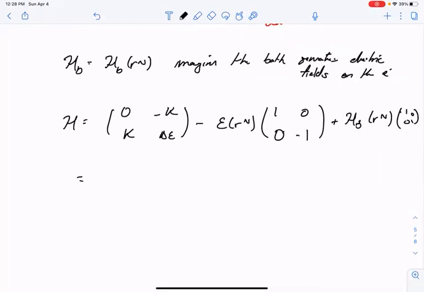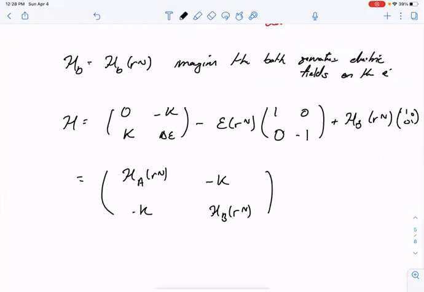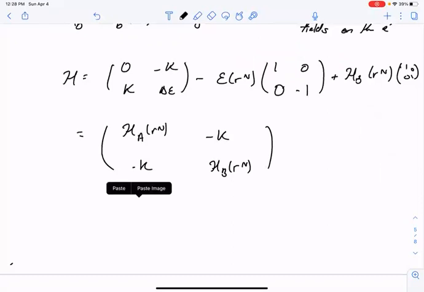So a way to rewrite this is that there is some fluctuating energy on the acceptor A side. There's some fluctuating energy due to the fluctuating fields on the B side. And we have these couplings off diagonal. This puts us in a position to actually write down what that energy gap is.